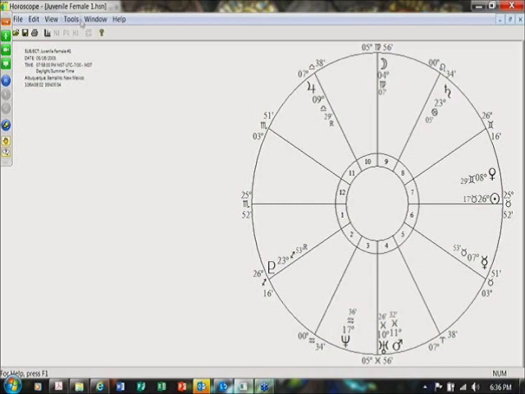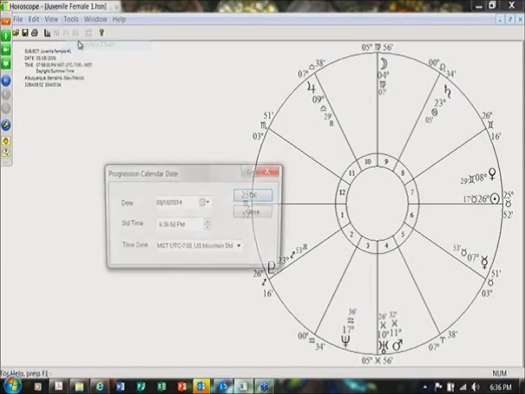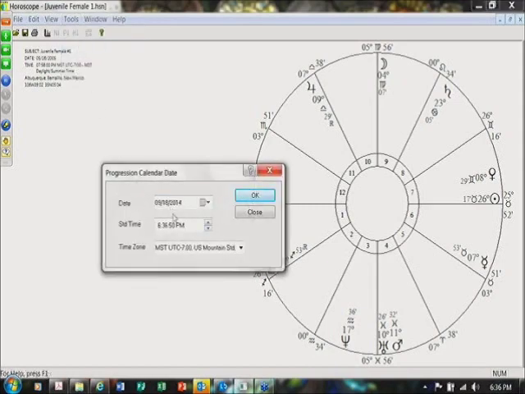To progress a chart, you go up to the Tools button at the top of your toolbar. Click on that and you'll actually see Progress Chart. It will automatically come up to today's date unless you have used this chart in the past and you have saved it with a progressed ring.